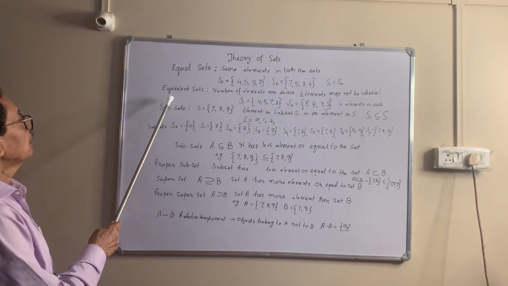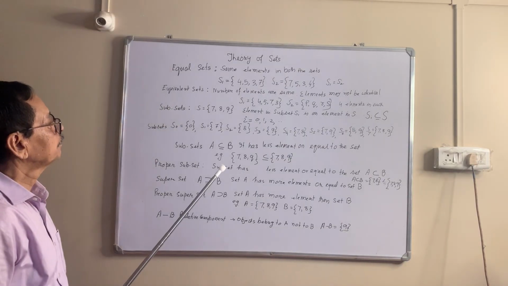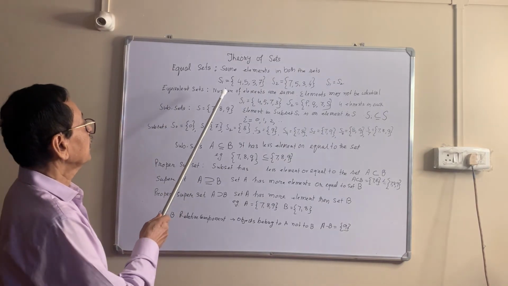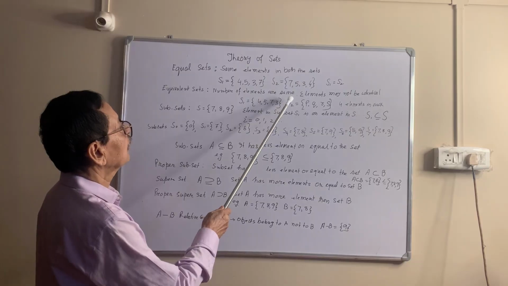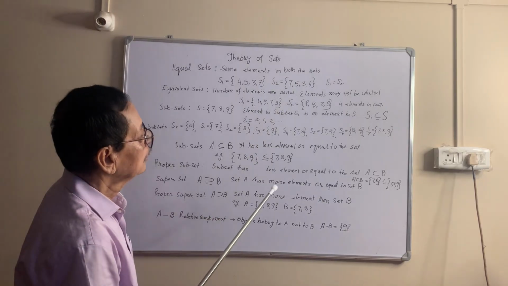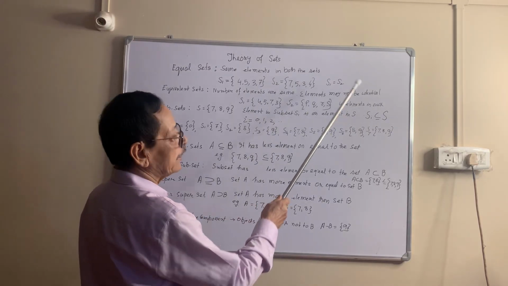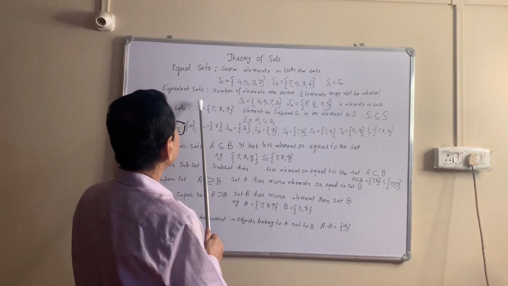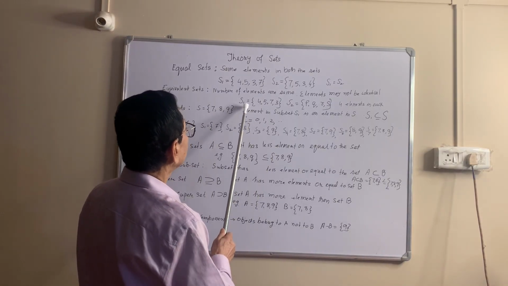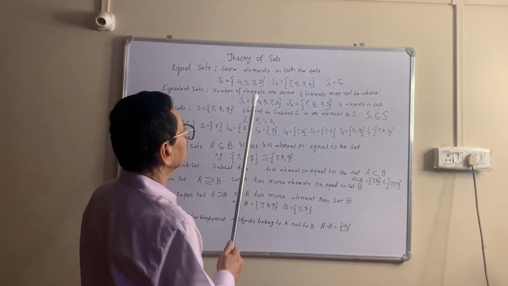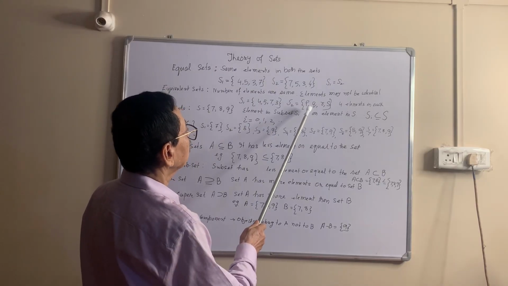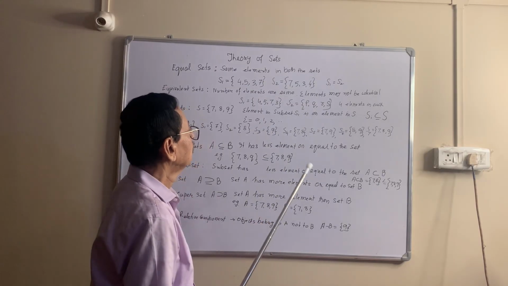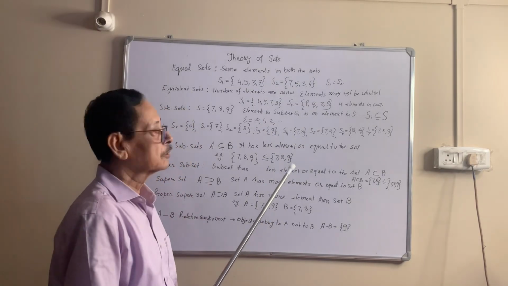Then another one is equivalent sets. In this case, the number of elements is the same. The elements may not be identical, but the number is the same. For example, S1 is 4, 5, 7, 3 and S2 is P, Q, R, S. Suppose these are the two sets.